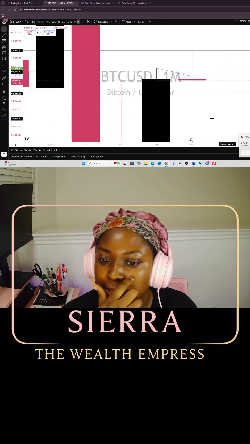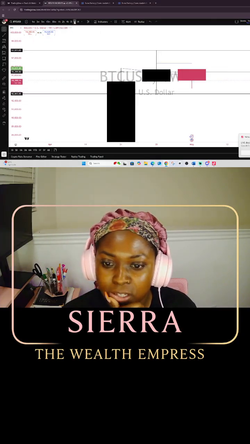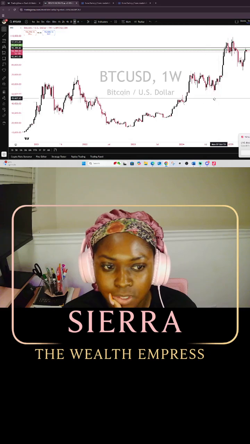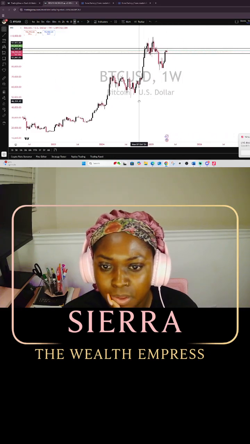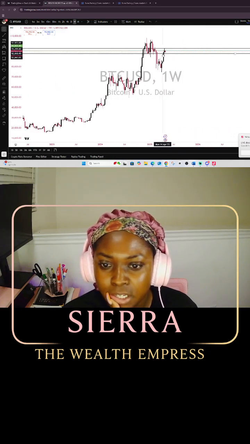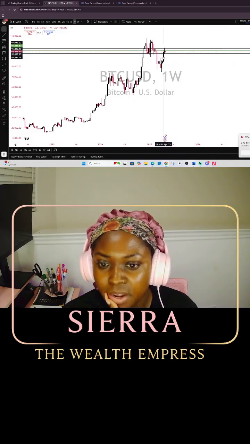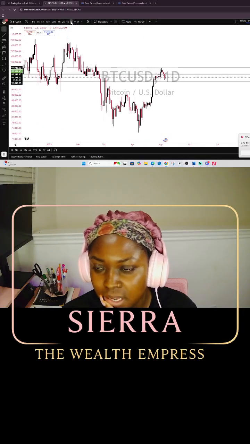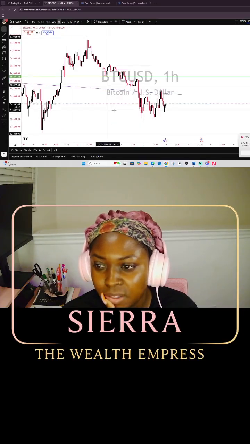What range is this? I might remark this. Okay, it's my weekly range, so it's going to be good. And then there's a big gap down here that price could come down and fill.